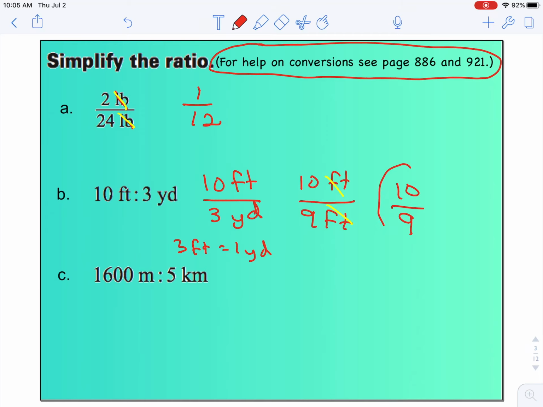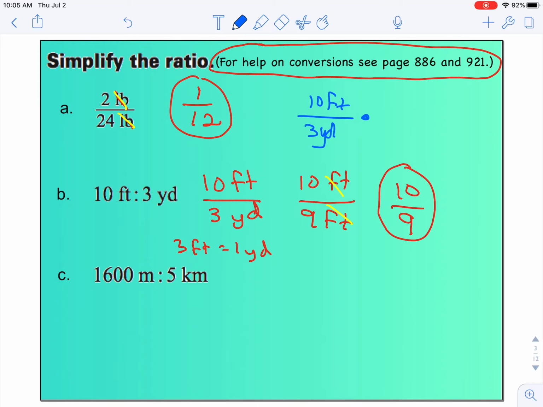That is our ratio. Now, in science, I think in sophomore or junior year, you do something called dimensional analysis. So another thing that we can do for this is take our ratio of 10 feet to 3 yards, and multiply it by a unit conversion.